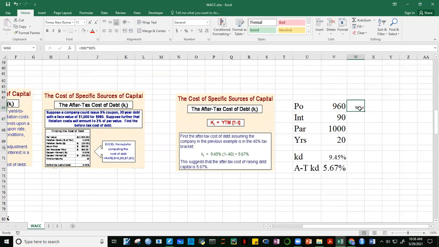Okay. So it's equal to 980, here is our net price.